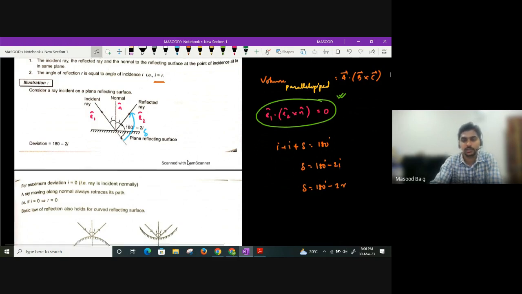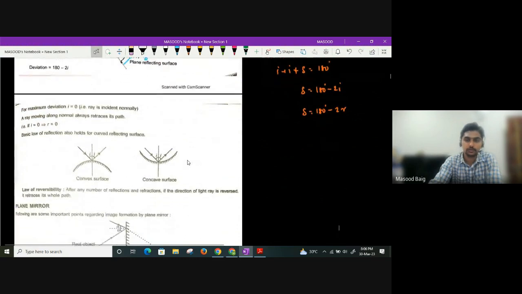Now, when will the deviation be maximum? Very simple logic. Because it is written as 180 minus 2i, this term has to be minimum. Angle cannot be negative, guys. So the minimum value of i can be 0. If the value of i is 0, you are going to have maximum deviation.